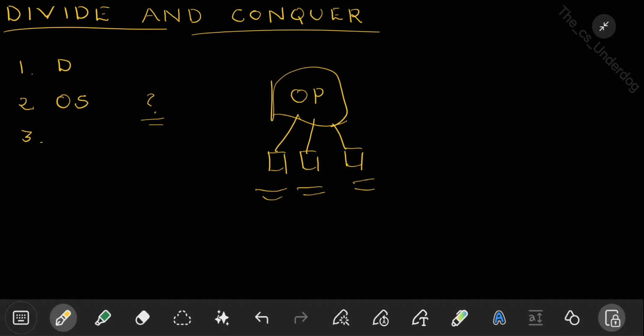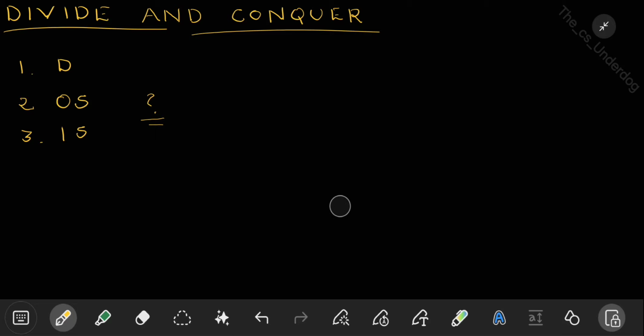This is what you call optimal substructure. And what is the third one? The third property is independent subproblems. We saw that we are forming a lot of subproblems. Let us say you have a complex problem and you formed many subproblems of this complex problem. You should have this characteristic that all these subproblems have to be independent.